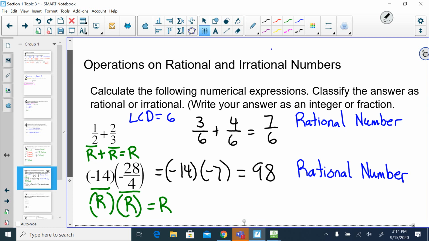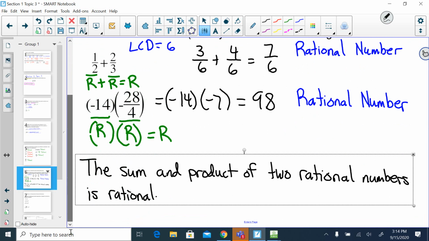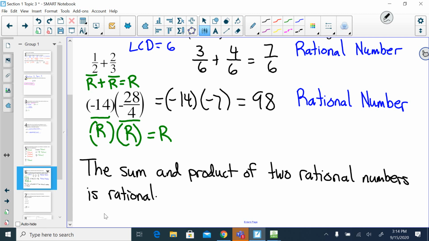Just understand that. And not only is it rational, I really should say this, it is always rational. Big stress on the always. So anytime you add two rational numbers or multiply two rational numbers, the answer is always going to be rational. Always, always, always.